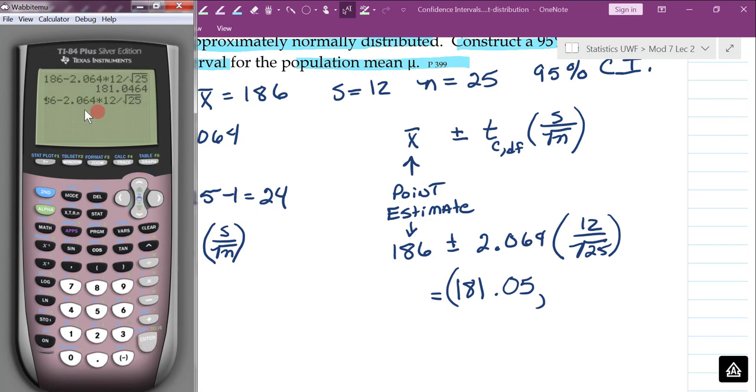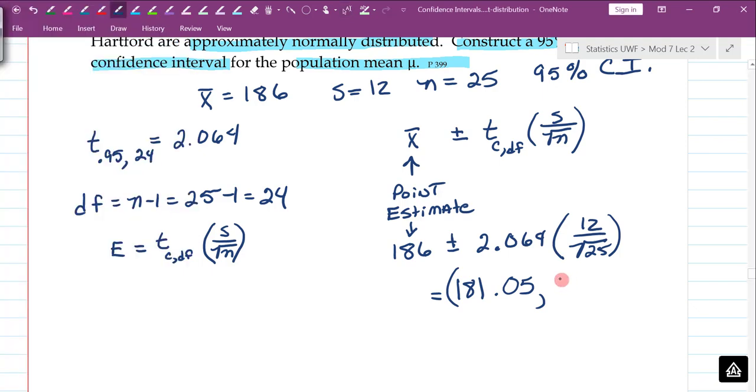That repeats that equation, whatever you had in before, and now I can use this button here and go backwards until I get to that subtraction sign, and now I can turn it into addition and hit enter. Now I don't have to hit everything in a second time. And this is 190.95, rather, 0.95.